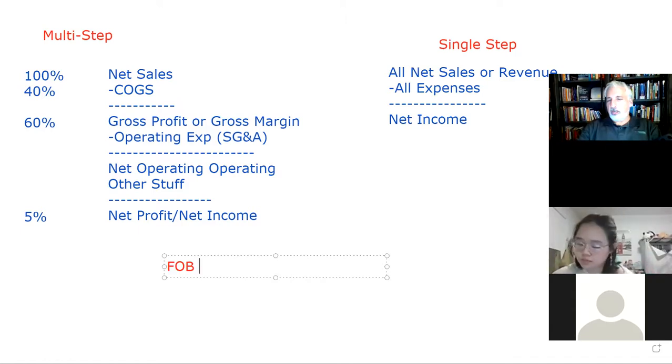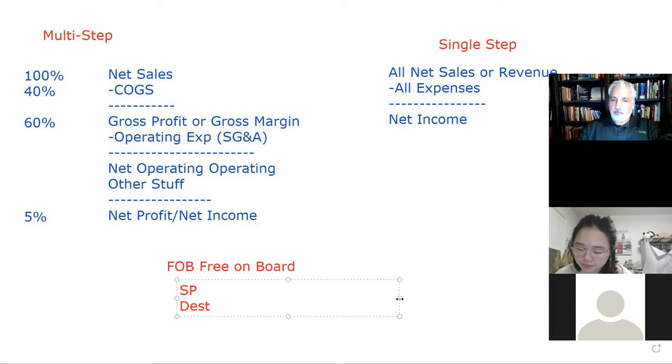Okay, so you're comfortable with FOB, free on board, right? Yes, sir. So there are two free on boards. One is shipping point and one is destination. And so you're saying goods were shipped FOB shipping point or destination?